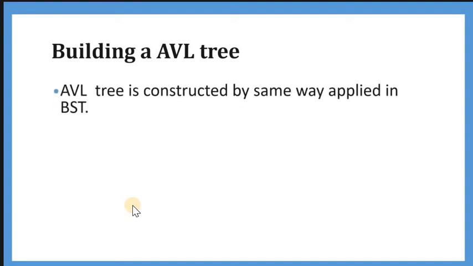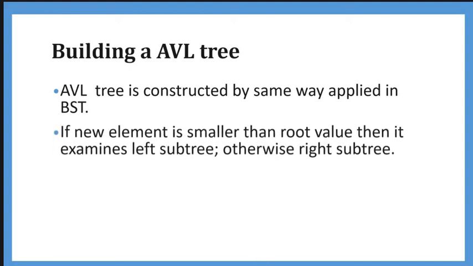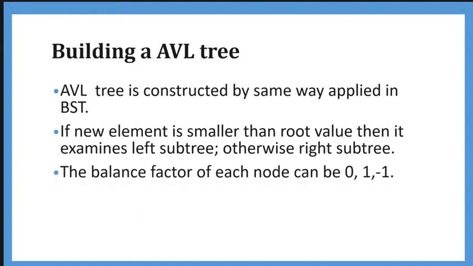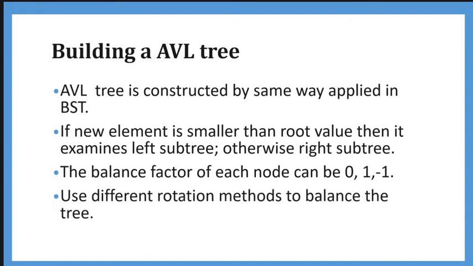An AVL tree is constructed in the same way as a binary search tree. That is, if the new element is smaller than the root value, then it examines the left subtree, otherwise the right subtree. The balance factor of each node can be 0, 1 or minus 1. Different rotation methods are used to balance the tree.